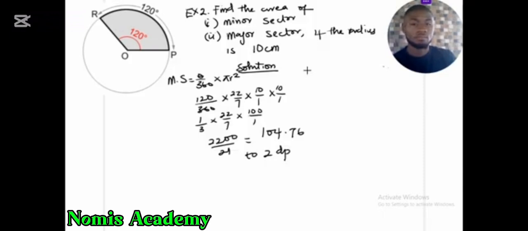Major sector is equal to theta over 360 multiplied by pi r squared. So now that the minor sector sustained 120, the major sector sustained the other angle, and that is 240, because if you subtract 120 from 360, we are left with 240.